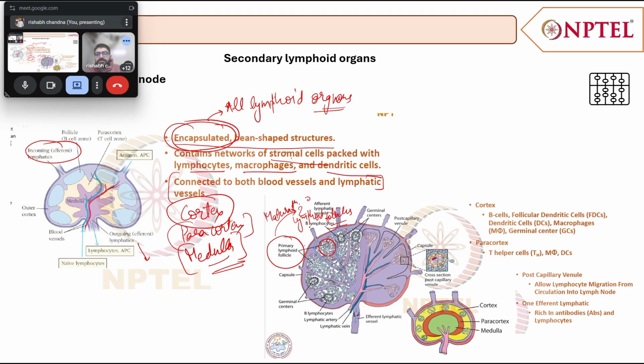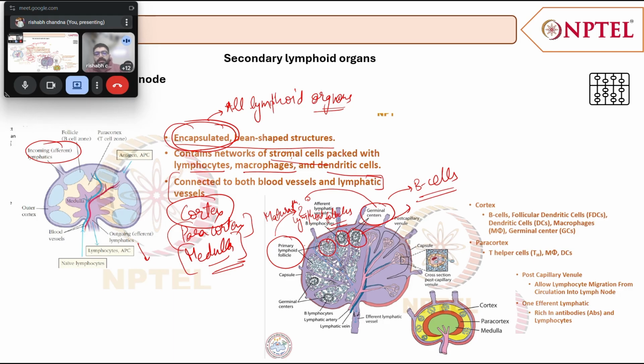These secondary lymphoid follicles have a characteristic center called the germinal center. These germinal centers are rich in activated B cells. As you can see here, these structures have the matured and activated B cells. Okay, this was the cortex region.